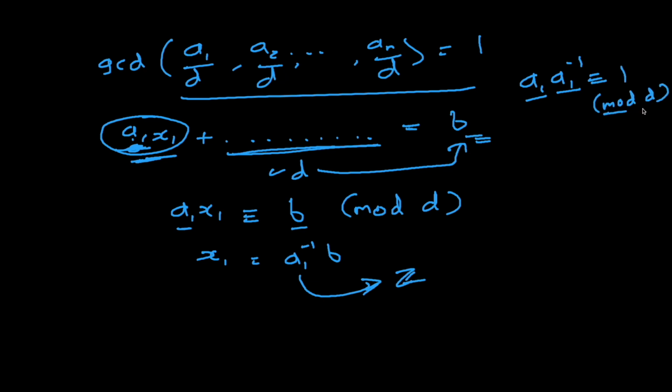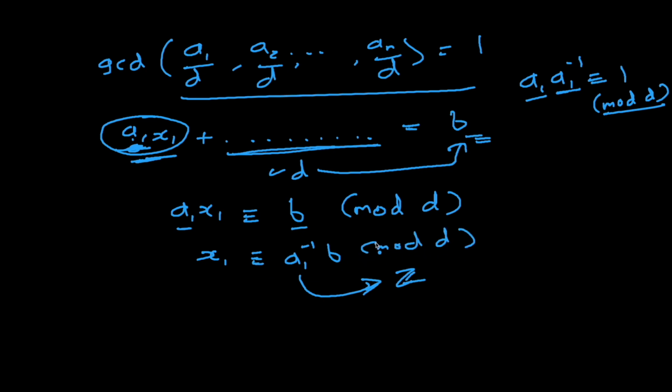So we find an integer such that when you multiply it with a1, it leaves remainder 1, and we want that number to be less than or equal to d. So x1 is congruent to a1 inverse times b mod d.